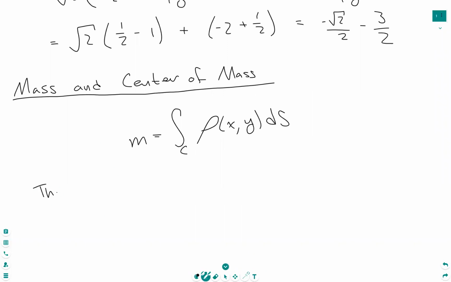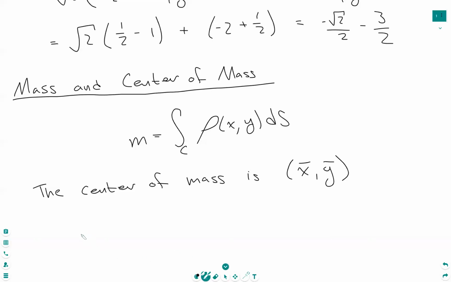The center of mass is still a point in XY. And notice that it doesn't actually need to be on the line, right? Maybe something doesn't have its center of mass exactly where it exists. So that means that you can't really balance it, right?